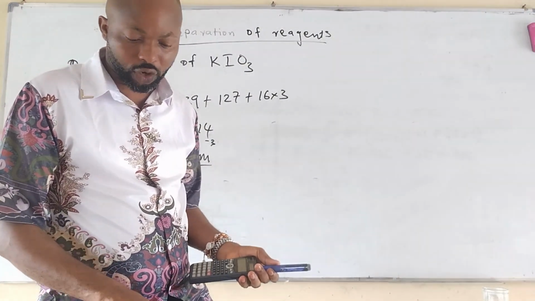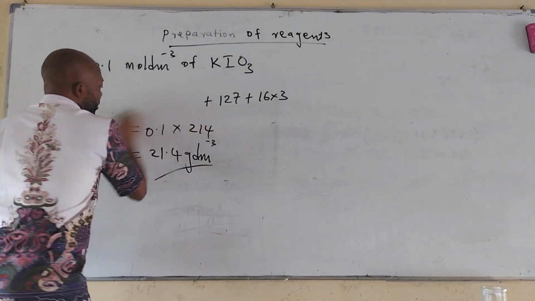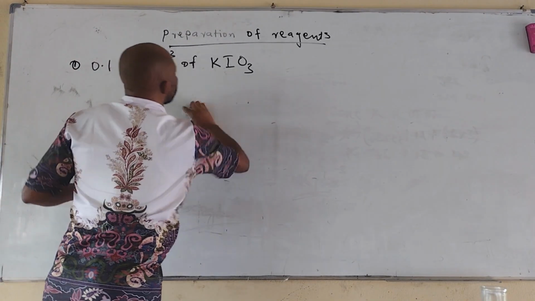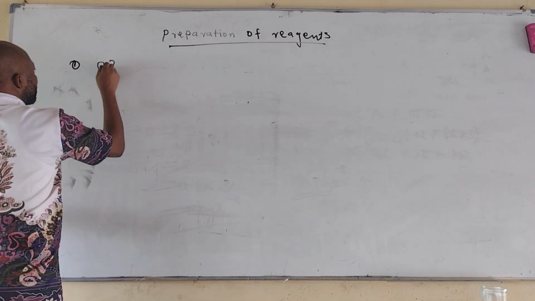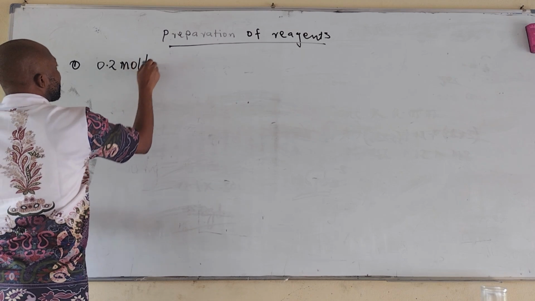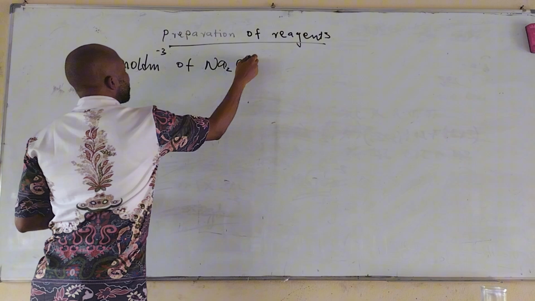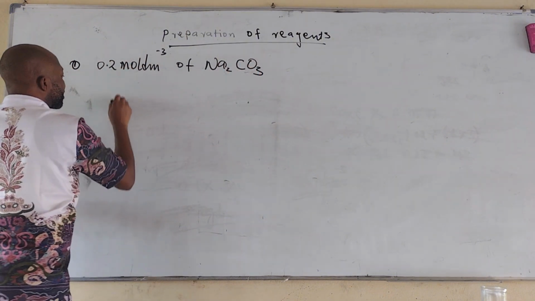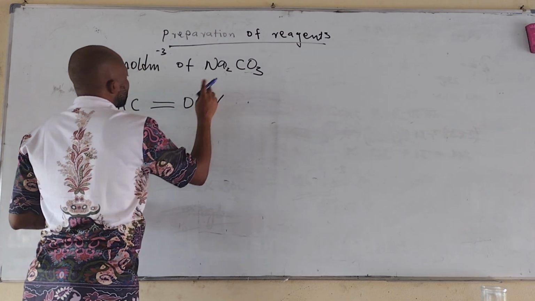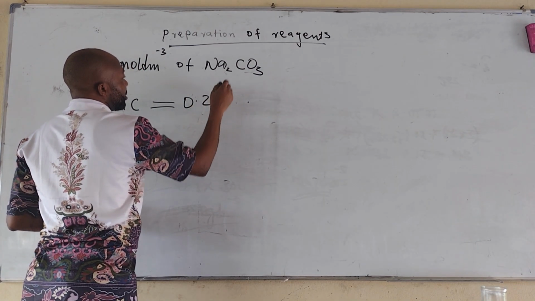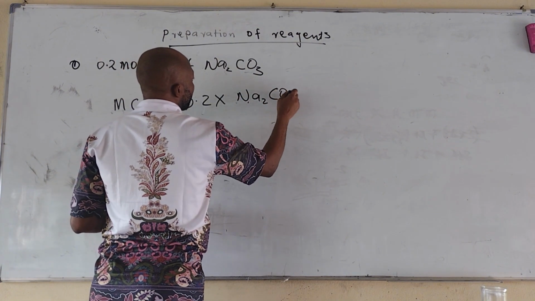Let's take another one. 0.2 mole per dm³ of sodium trioxocarbonate(IV). So I have 0.2 mole per dm³ of sodium trioxocarbonate(IV). So my mass concentration becomes 0.2 times the relative molecular mass of Na2CO3.